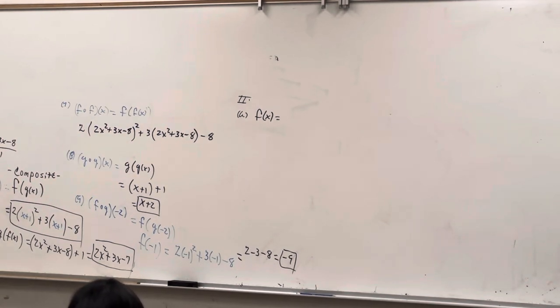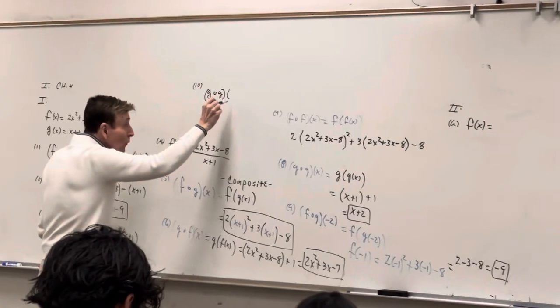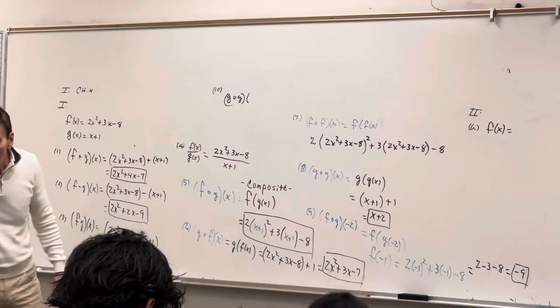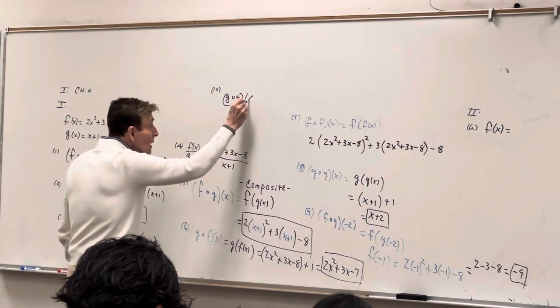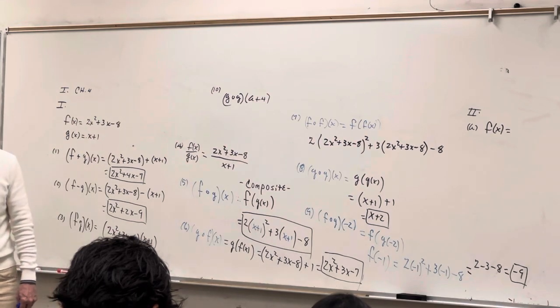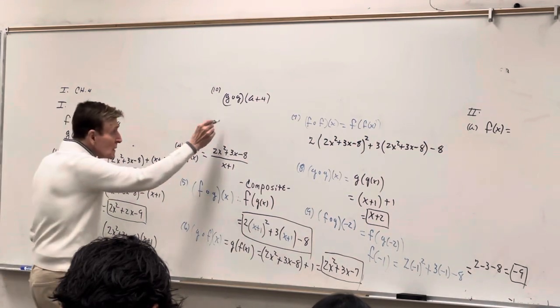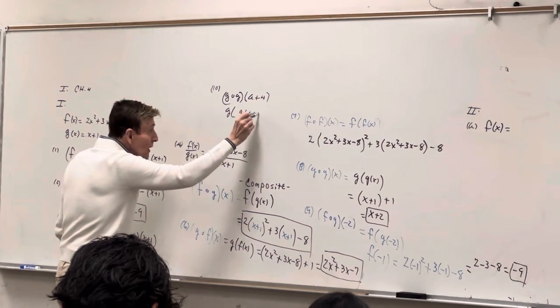Okay, Arena, what was finally number 10? g of g of a plus 4. Oh, wait, what now? a plus 4. Yes. It means this, g of a plus 4.